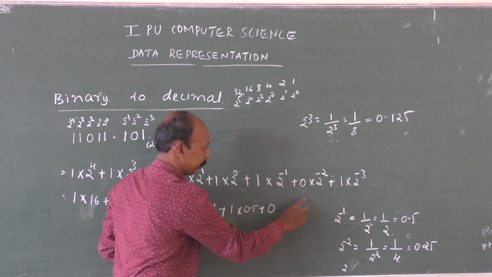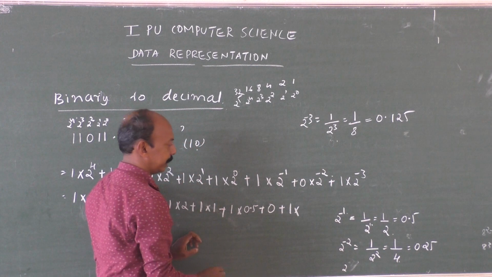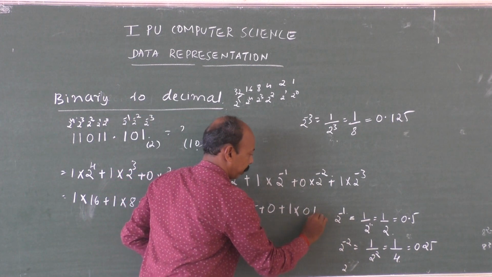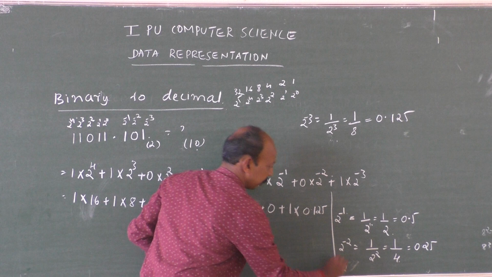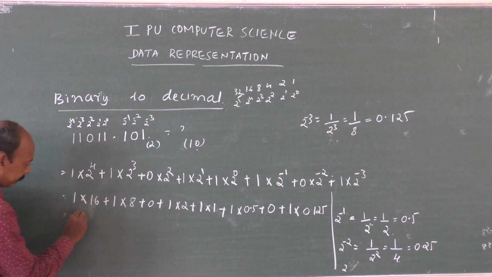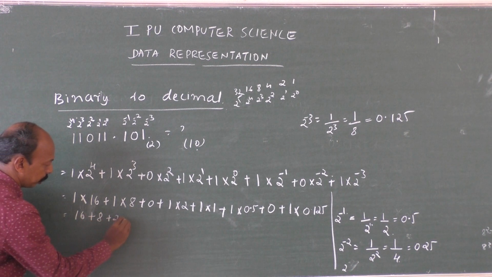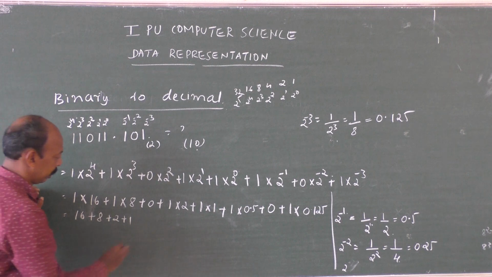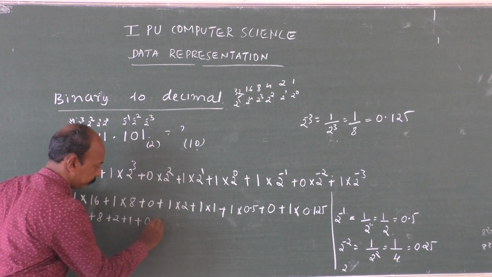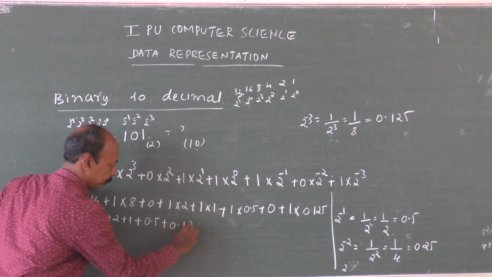We need not write this one because this is 0, plus 1 into 2 to the power minus 3, that is 0.125. Now add it up: 16 plus 8 plus 2 plus 1 plus 0.5 plus 0.125.